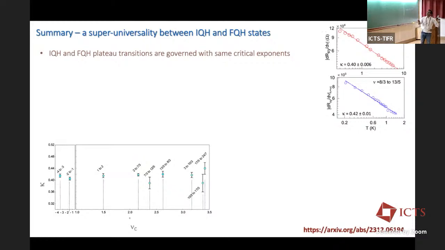We observe a super universality between the integer quantum Hall and the fractional quantum Hall states. What we mean by that is that the integer quantum Hall plateau to plateau transition we understand as an Anderson localization-delocalization transition, where I have an extended state, I have a mobility edge, and the carriers must cross that mobility edge to reach the next extended state.